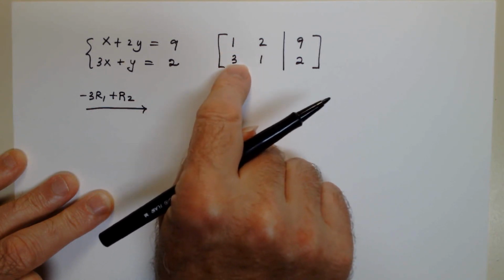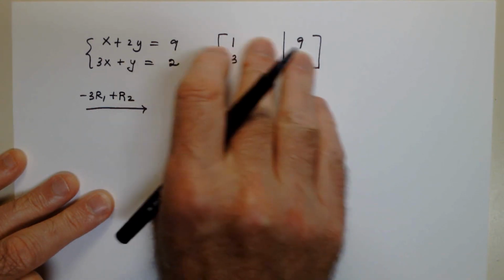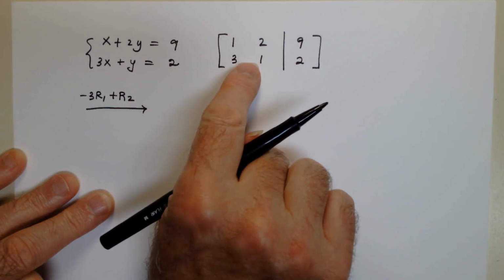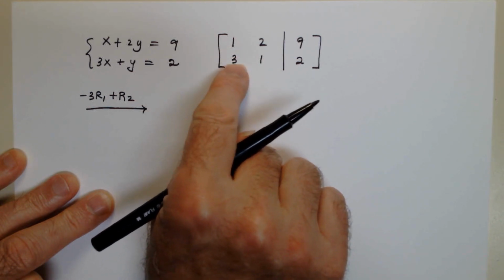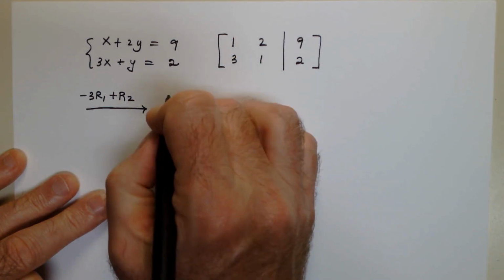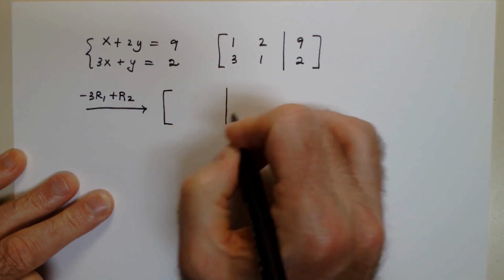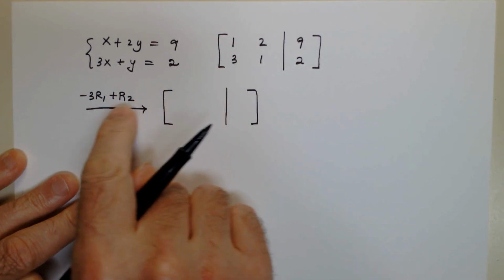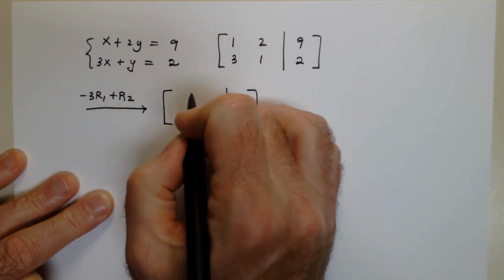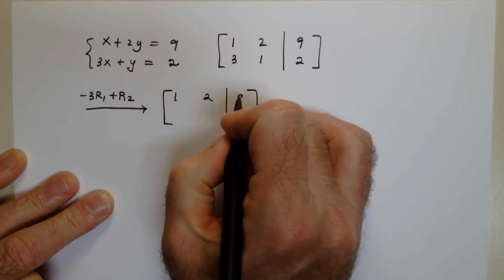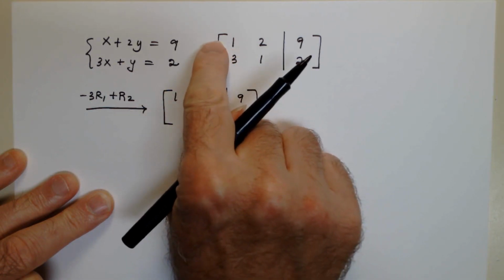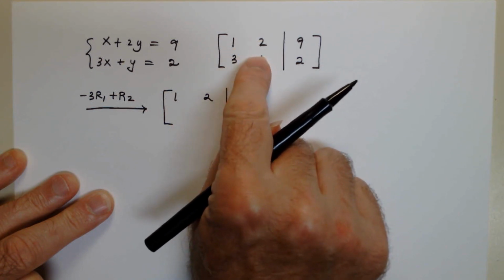That's going to turn this position into a 0. Now it's going to have an effect elsewhere, but this is the main effect that we want. We want this position to be a 0. So let's take a look. Let's remember that row 1 is not changing, so I'm going to rewrite the 1, the 2, and the 9. And now I'm simply going to multiply by 3 and add down in each of these positions.